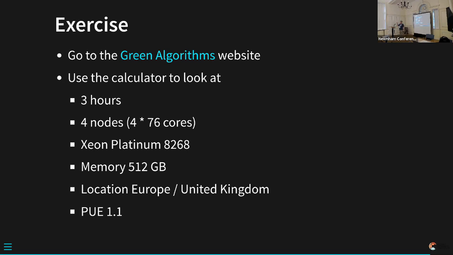We're in the United Kingdom, and that matters for the carbon intensity of the energy we're consuming. And the power usage efficiency of our data center is actually really good. The ideal number there would be 1.0. 1.1 is very, very good. Plug those numbers into the calculator and see, instead of reserving those nodes for us, if they were being used flat out, those 4 nodes and 6 cores each flat out for 3 hours, how much CO2 would that have emitted?